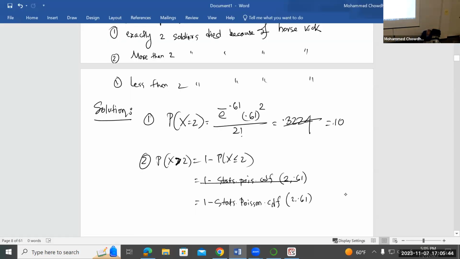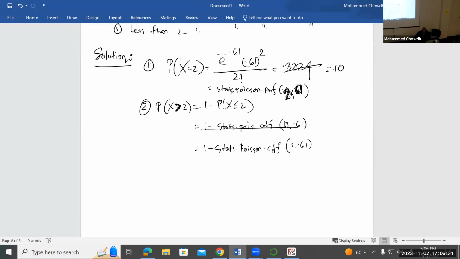For this one, you can put here stats.poisson.pmf, 2.61. This is the way you can directly find, okay?